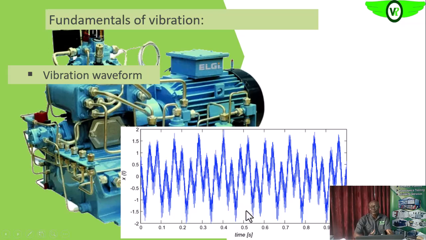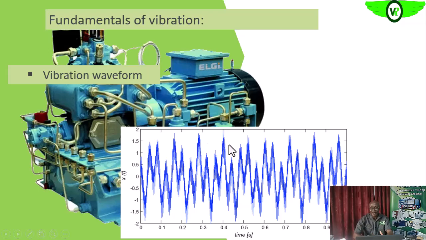If you compare it with the rotating speed of the equipment, that will give you an idea as to where the impact or the vibration is coming from. Let's assume that this space is 1 times RPM.